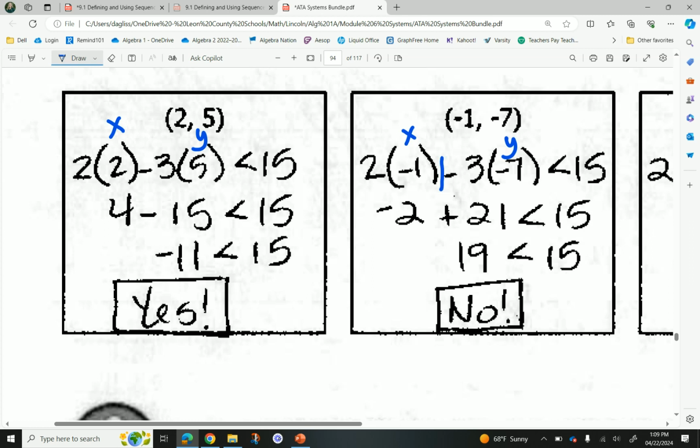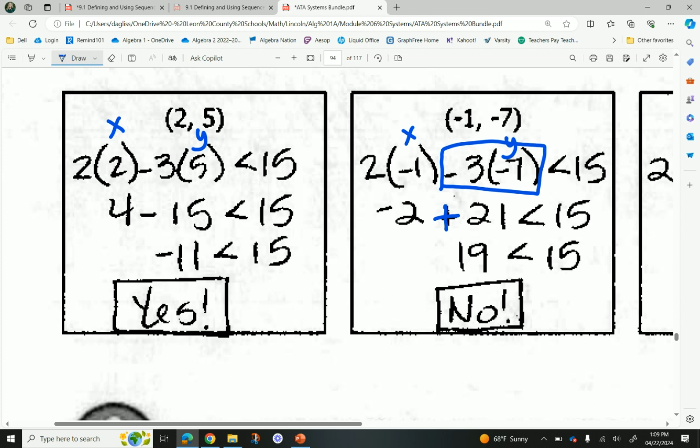The negative stays with the 3. Negative times negative, that's where your positive comes in. Negative 2 plus 21 is a positive 19. Is that less than 15? No. So that one is not a solution.